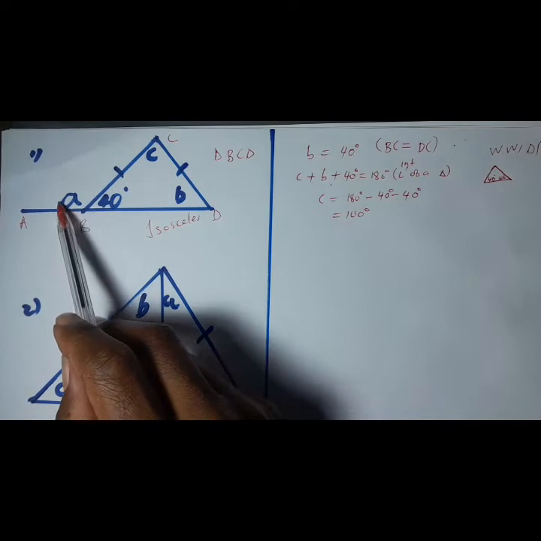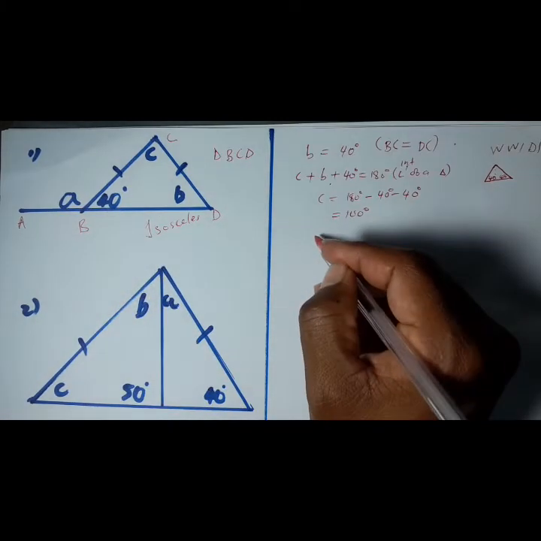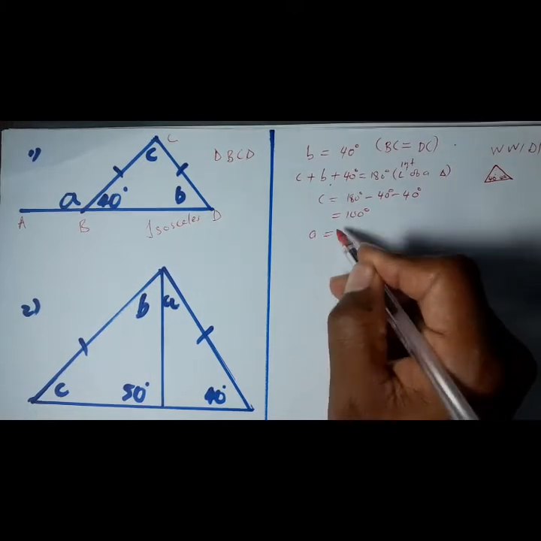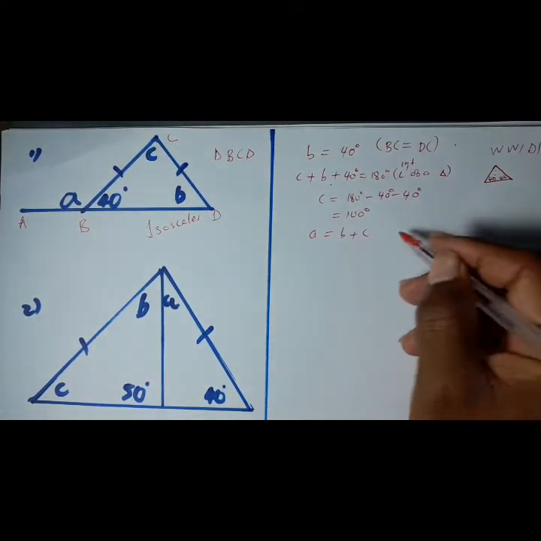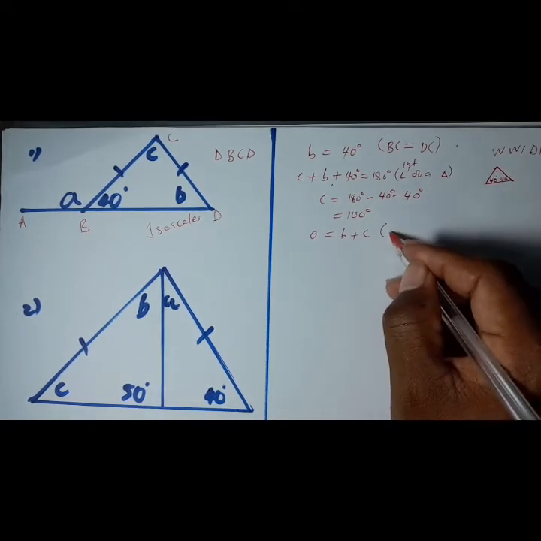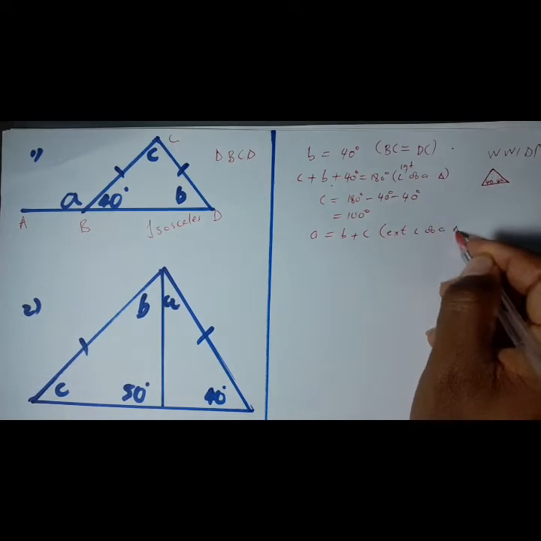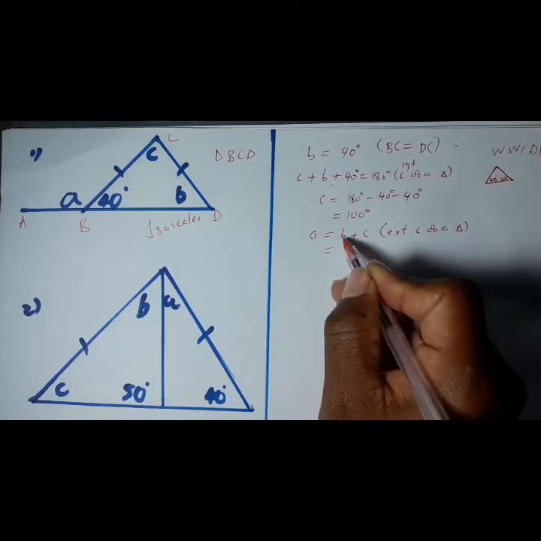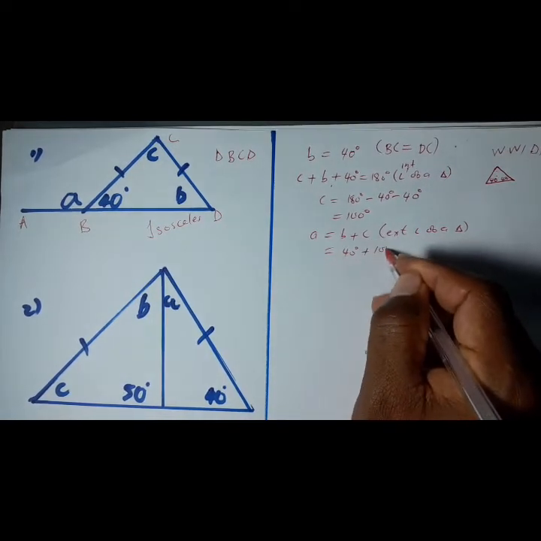Now A, on the other hand, we said it's an exterior angle. So angle A would be the sum of B and C, the small b and C. And this is because A is an exterior angle of a triangle. So then B is 40 and C is 100 degrees.